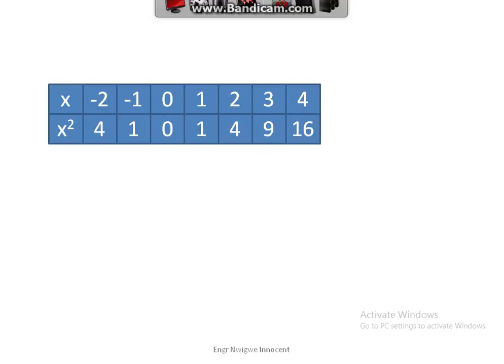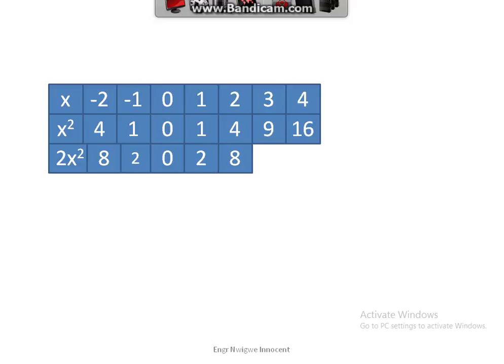Then we get our 2x squared, which is 2 times x squared, so 2 times 4, because our x squared is 4. 2 times 4 is 8, 2 times 1 is 2, 2 times 0 is 0, 2 times 1 is 2, 2 times 4 is 8, 2 times 9 is 18, 2 times 16 is 32.